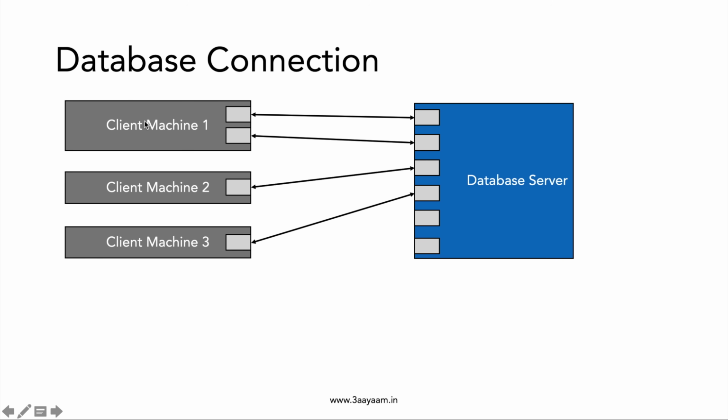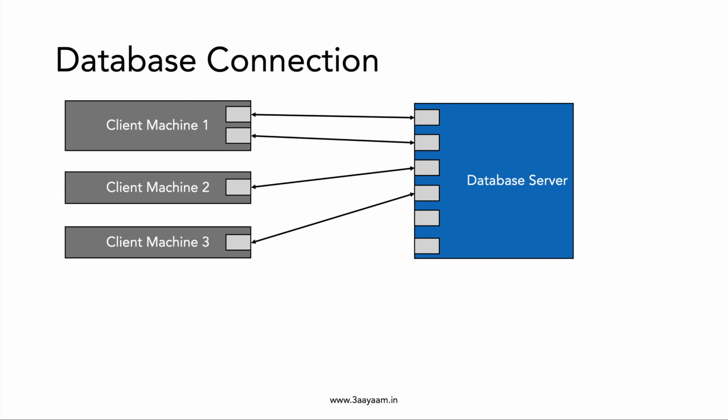Let's say client machine 1 has 100 connections, 2 has 100 connections, 3 has 100 connections. So there are a total of 300 connections opened by 3 client machines, but on the database server it's all 300 at one go. Here the 300 connections are distributed over multiple client machines, but in case of database, a single database server is handling all those 300 connections.